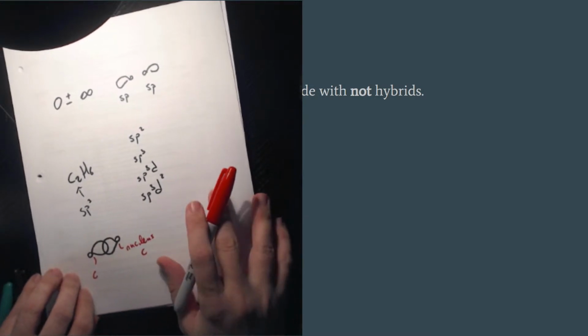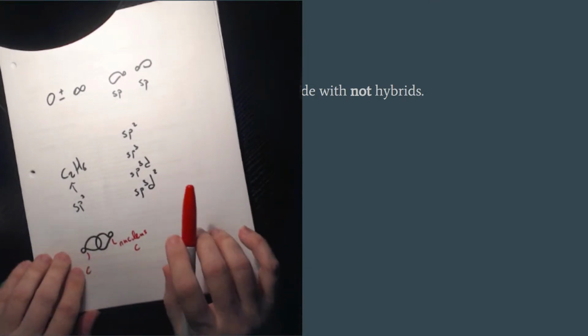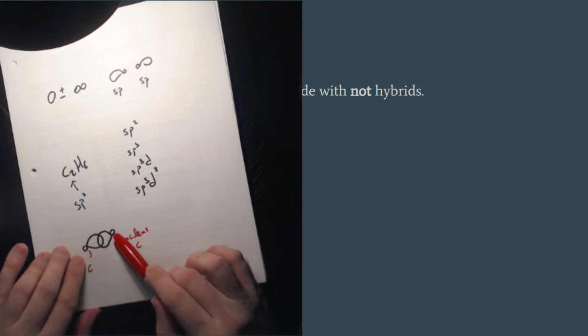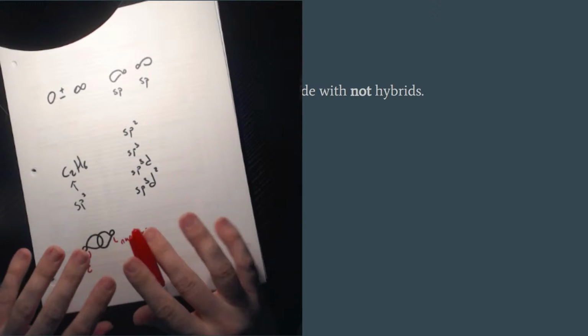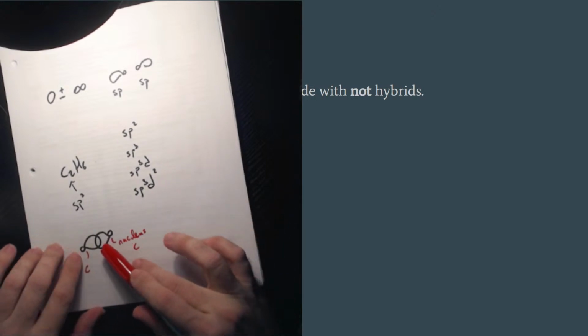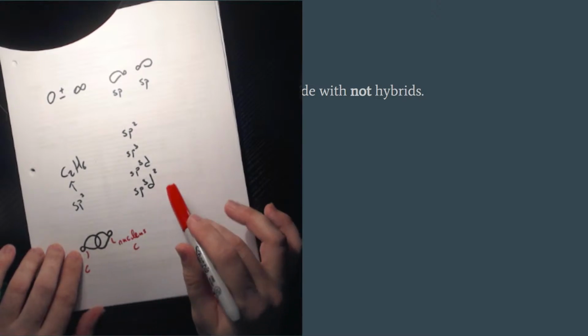You don't get that with pi orbitals. Pi orbitals are off of that nucleus because they are formed using p orbitals, or not just p orbitals, they can be formed using d orbitals.